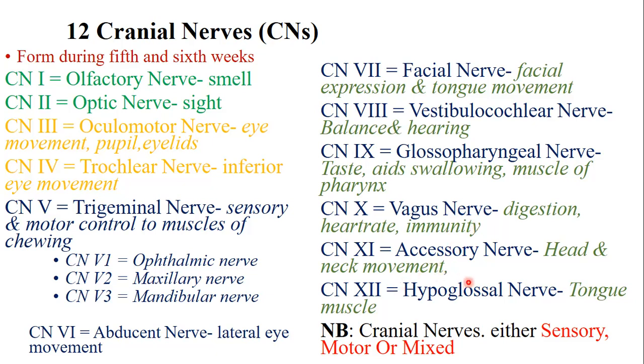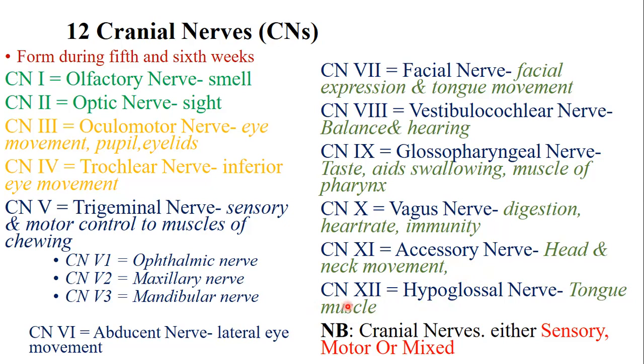Vagus nerve is involved. Then accessory nerve, mainly this nerve supplies muscles in the neck region. And we know that for the head to move, we depend on the muscles in the neck. So it helps in head and neck movement. Then we have the last nerve, known as cranial nerve number 12, or hypoglossal nerve, which is involved in tongue movement, changing the shape of the tongue.